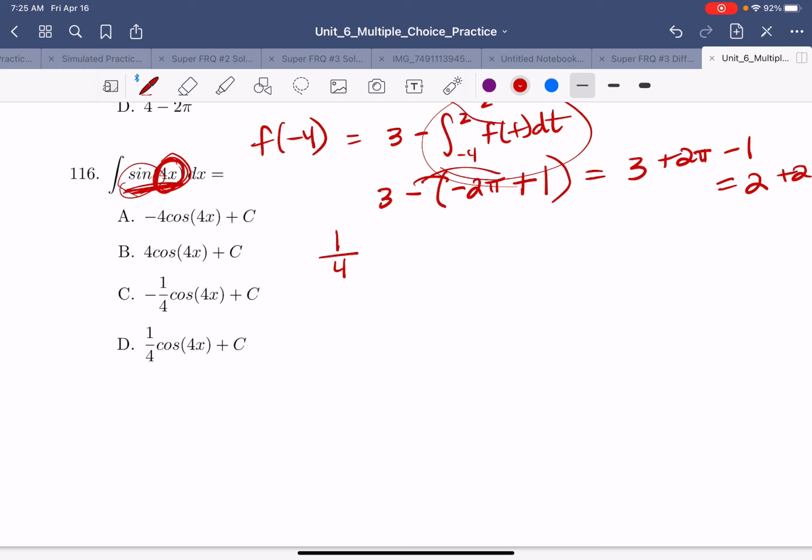And if you don't believe me, you can do your u substitution. du is equal to 4 dx, get dx as 1/4 du, and then you'll notice that 1/4 kind of goes outside of the integral when you do your u substitution.